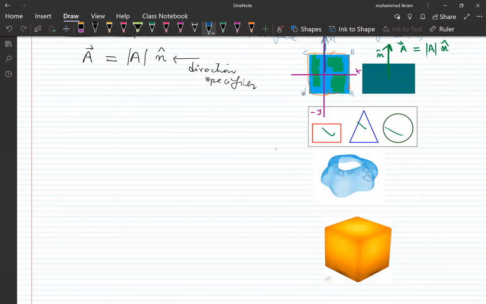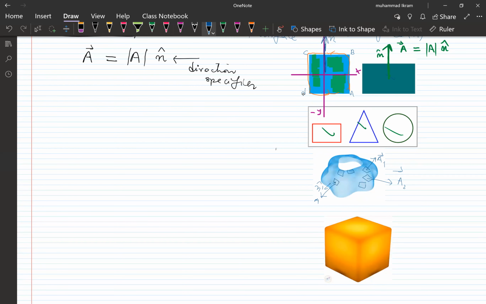Since the area vector is always perpendicular to the plane of the surface, here the area vector will be a1, here the area vector will be a2, like this one.